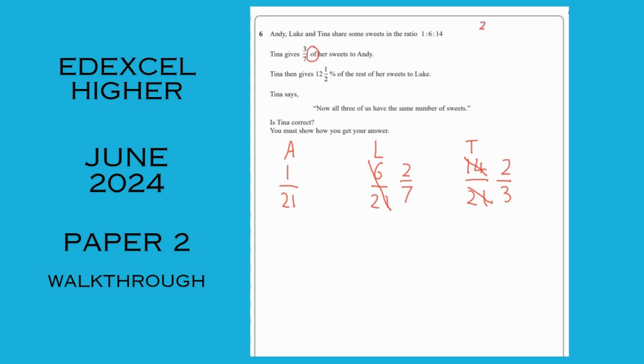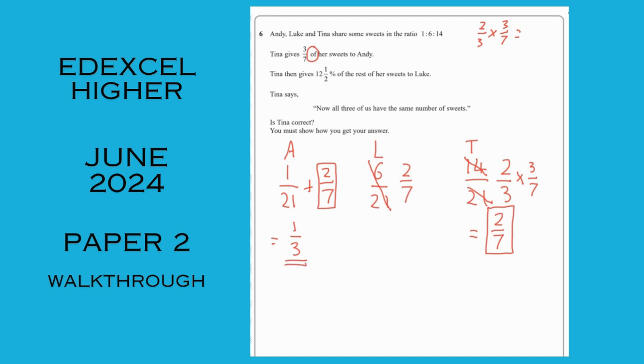Of means times, and 2/3, which is how many sweets Tina has, times 3/7 means she's giving away 2/7 of all the sweets. They go to Andy. Now, if you add on those 2/7 to Andy, oh look, he gets 1/3 of them.